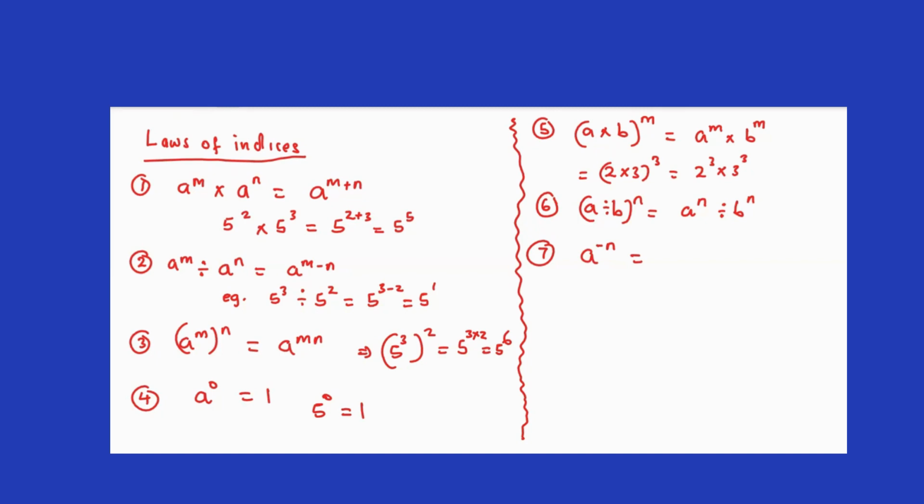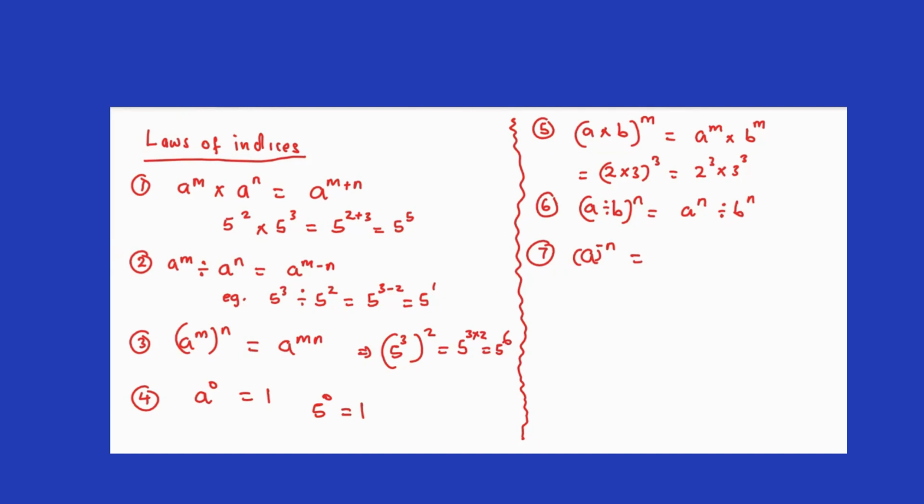So this one, whenever you see a negative power, know that there is something to do with the reciprocal, and therefore A raised power negative N will be equals to, find the reciprocal of, let me put this in brackets so that you get it well. Find the reciprocal of what is in the bracket, and the negative power will go.